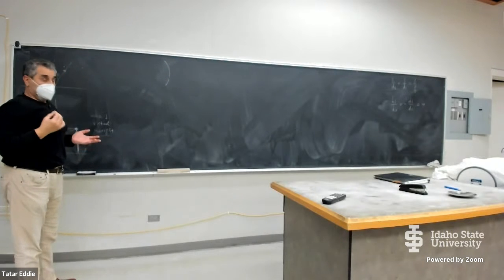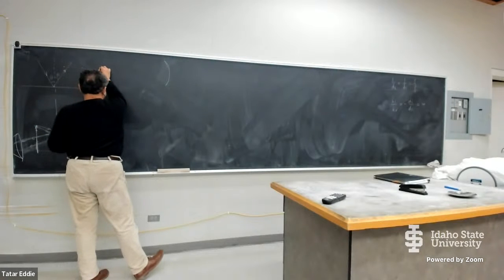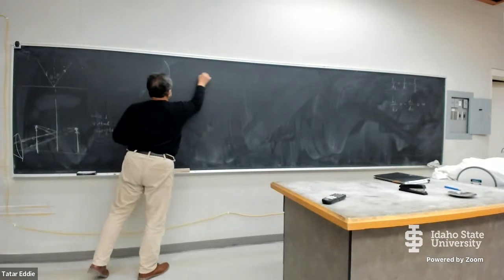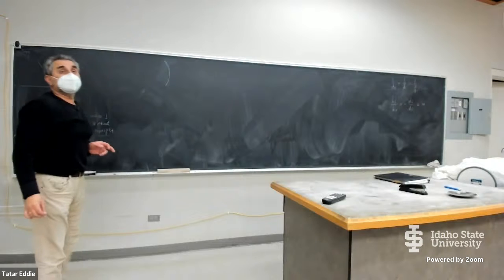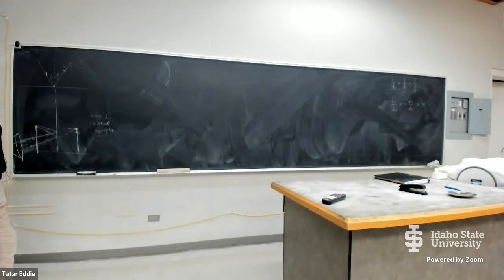The second rule is that you always need the axis of symmetry of your mirror. That axis is called the principal axis of your optical system, of your mirror in this case.